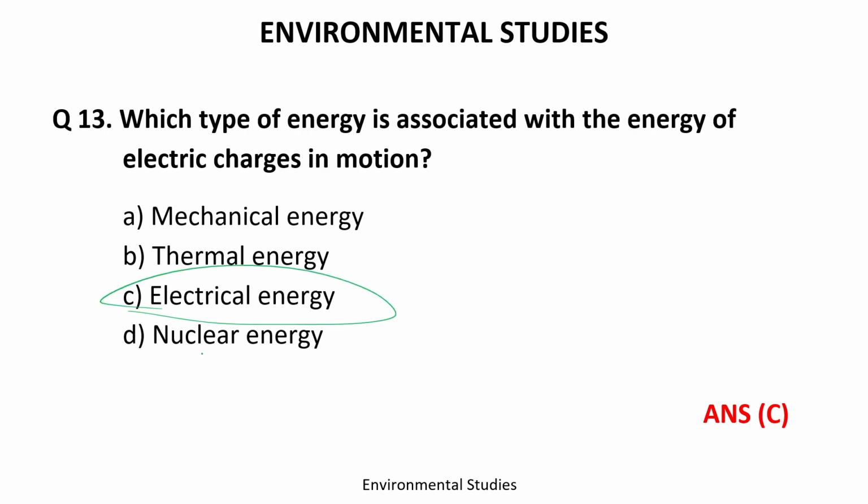Correct answer is C. Basically, we are talking about electrical charges, which are related to electricity, and electricity generates electrical energy. So if we relate all these things, then we will find C should be the answer.